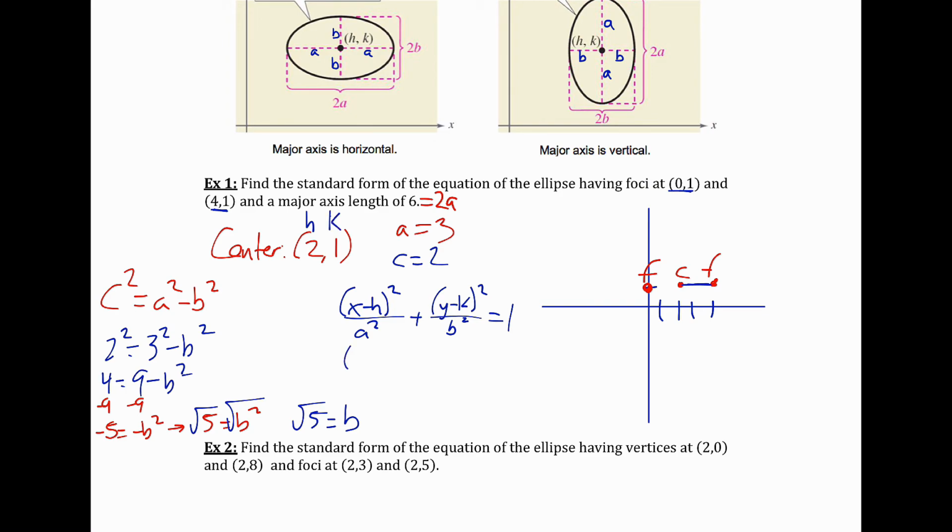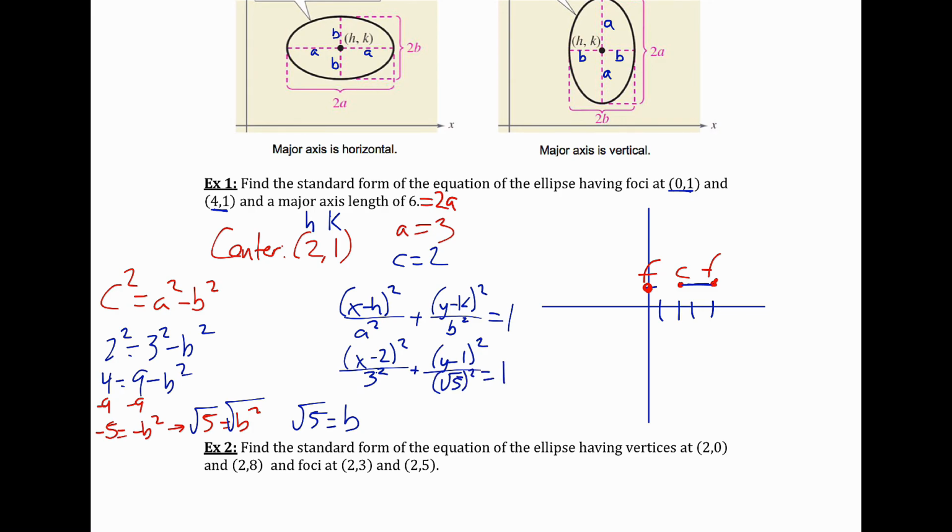So we have (x minus 2) squared over our a value, which is 3, so a squared is 3 squared. Plus (y minus k) squared; we know the k value is 1. So we have (y minus 1) squared over our b value, which was the square root of 5, and that is being squared.